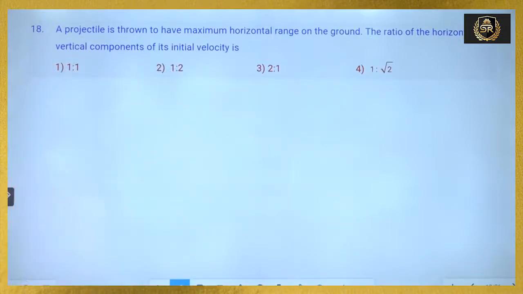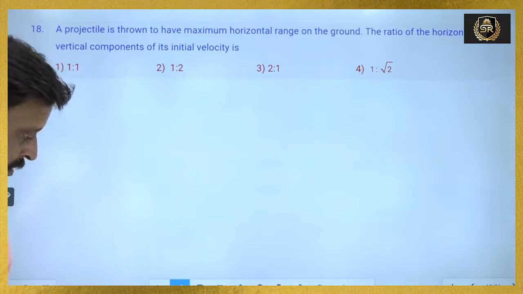Question number 18. A projectile is thrown to have the maximum horizontal range on the ground. The ratio of horizontal and vertical components of its initial velocity is. See here.